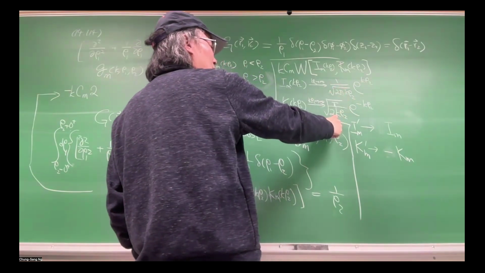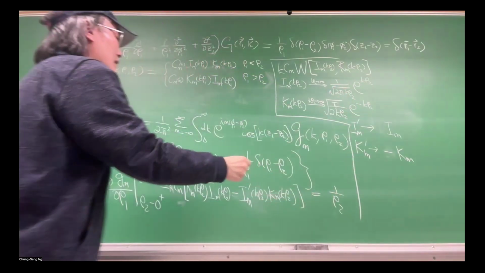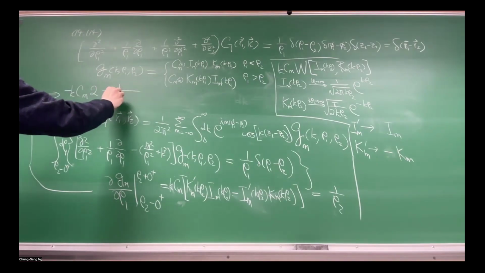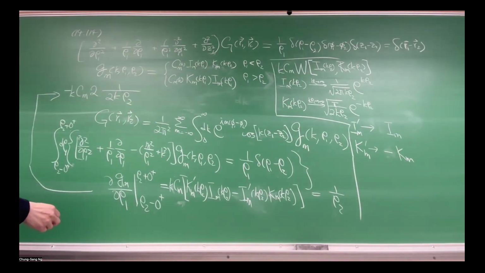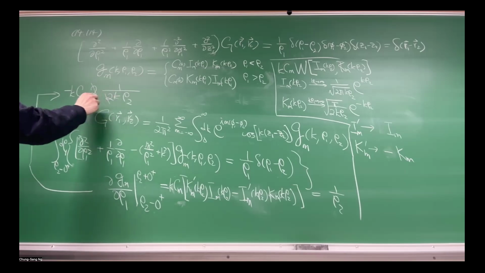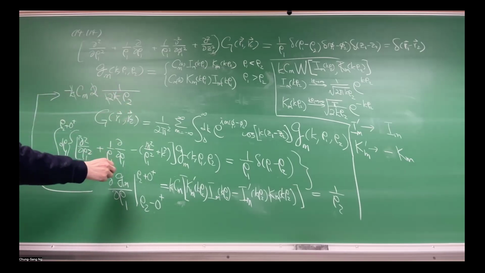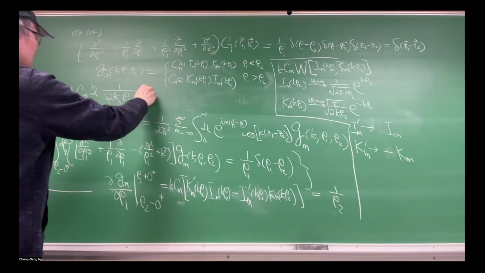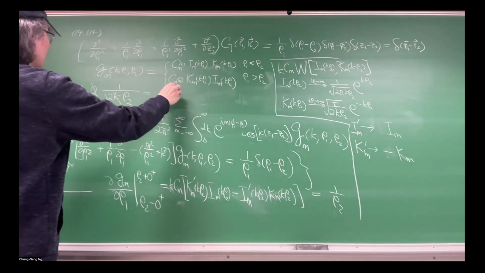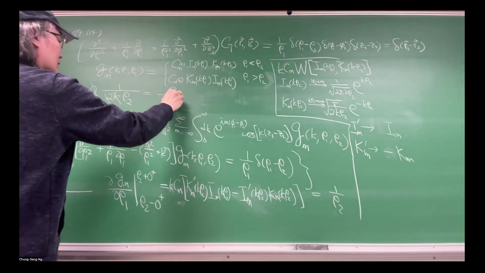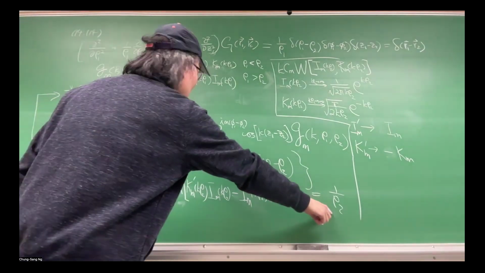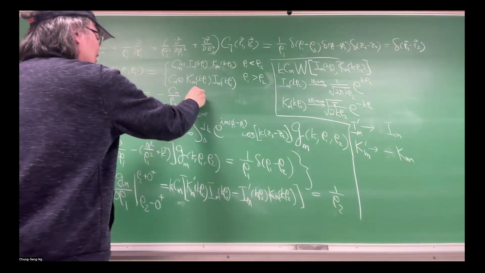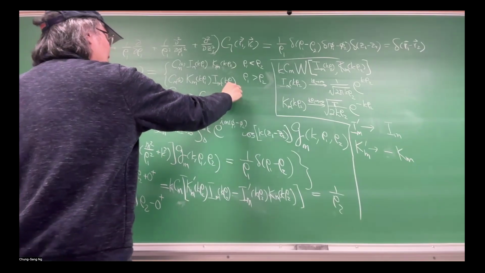And both are in the square root, so you just get 1 over 2k rho sub 2. Okay, now the 2 cancels, k cancels. So this equals minus c sub m over rho sub 2, which equals 1 over rho sub 2 times c sub m, equals minus 1.